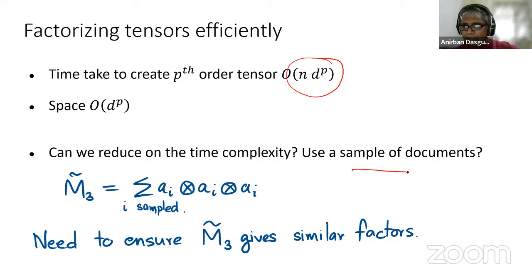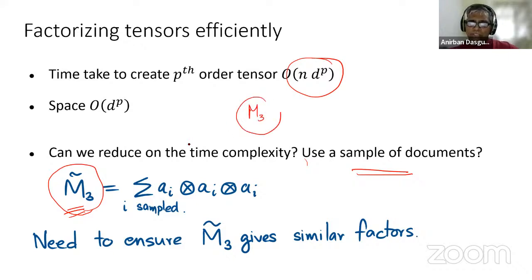Can I use a sample of these documents in order to create the moment tensor? But again, I want to be able to guarantee that even if I'm using a sample of documents and creating this M3 tilde, if I factorize M3 tilde, I should be getting back the same kind of topic distributions, the same kind of factors, out of M3 tilde as I did out of the original M3, right?